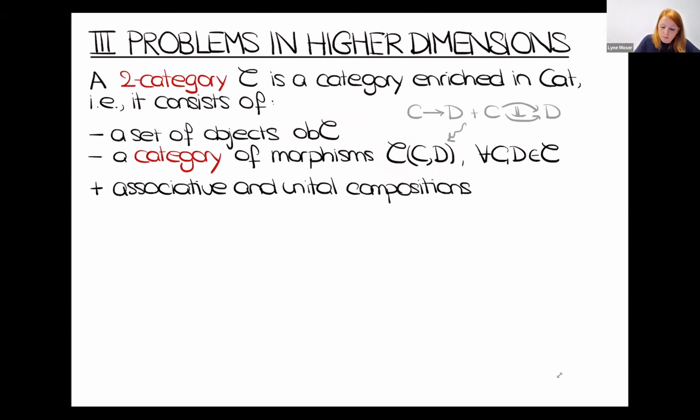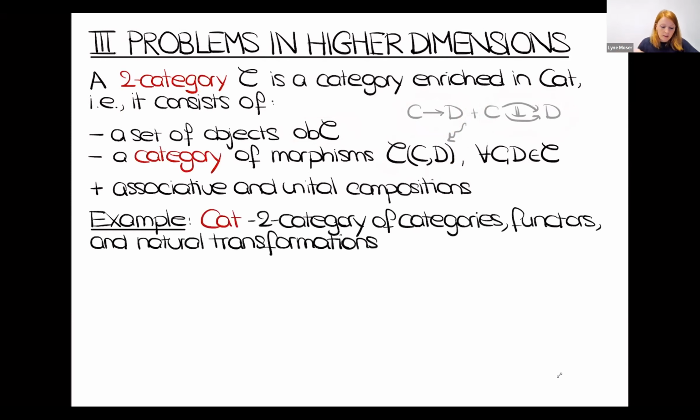This category of morphisms has both objects and morphisms, which are given by the 1-morphisms and the 2-morphisms. And of course, I have associative and unital compositions. The typical example of a 2-category is the 2-category Cat of categories, functors, and natural transformations.